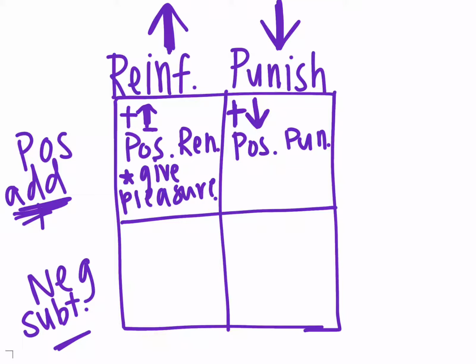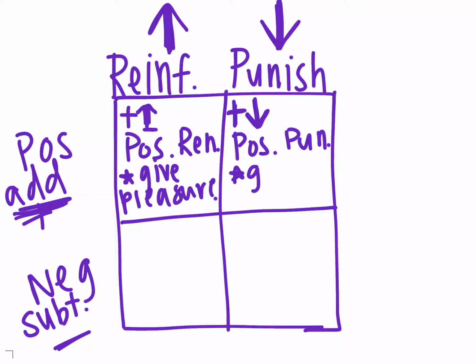So an example might be, and we talked about this in class, there was a question that was difficult for everyone, and it was one of the more missed questions on the My Psych Lab, and it said you are grounding someone so that they don't come home late anymore. Your parents are giving you something, they're giving you a consequence, they are giving you a grounding, and that's something you don't want.